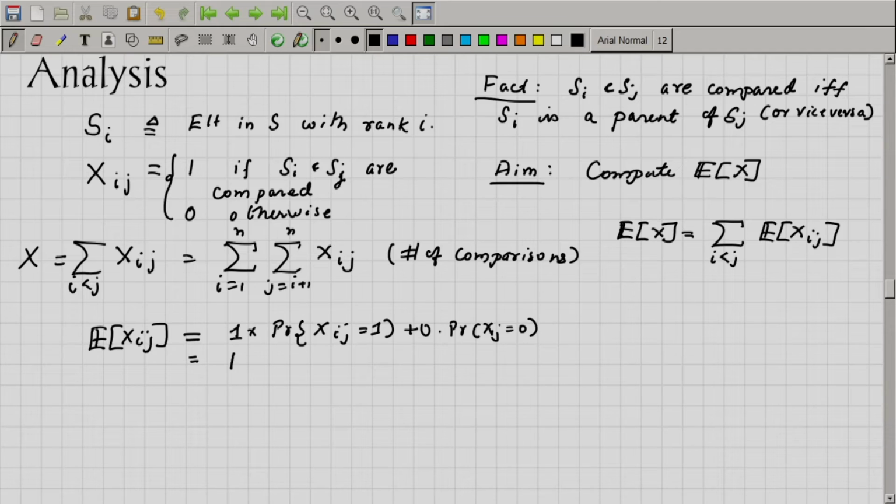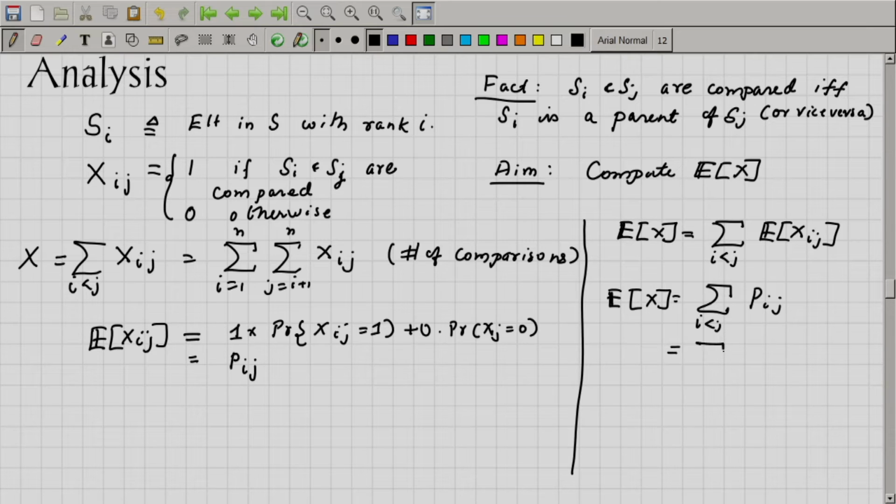The probability that xij is equal to 1 we will indicate by Pij. Therefore, expectation of x is going to be the summation over i less than j of Pij. Let us compute that probability, how much is Pij going to be.